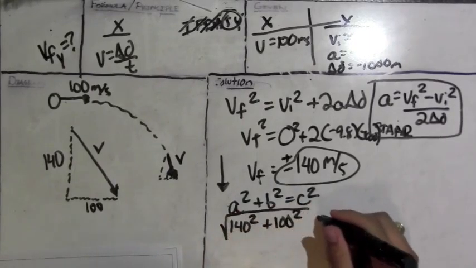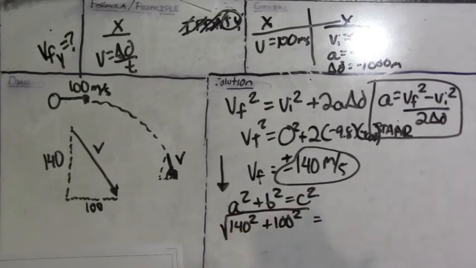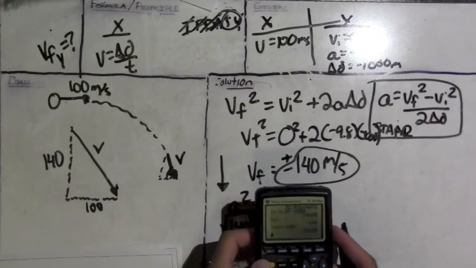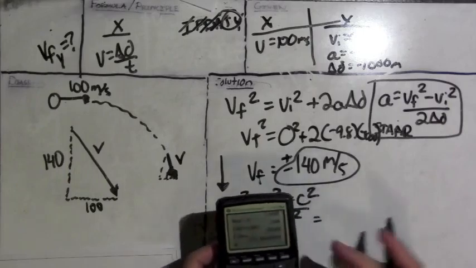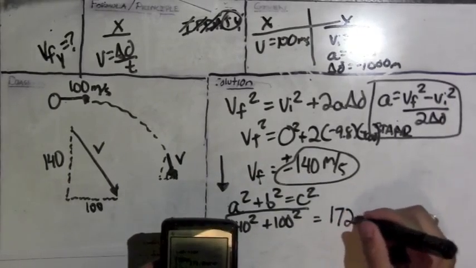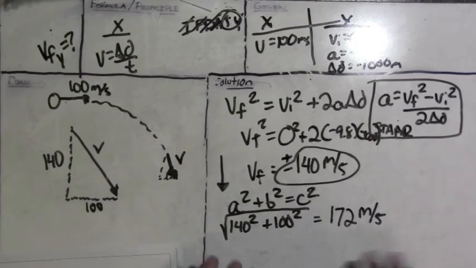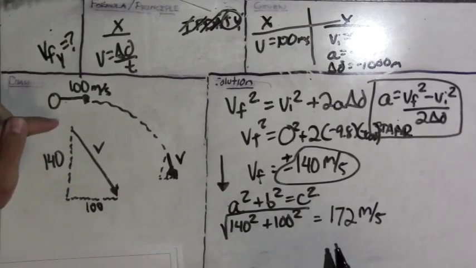Take the square root of both of those, and we get our velocity. Our overall velocity ends up being 172 meters per second.